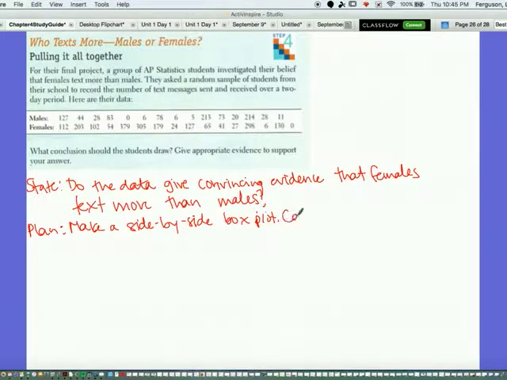And calculate all of those things that we've talked about in this video. So that would be your mean and your standard deviation and your 5-number summary. Remember that your 5-number summary would be your minimum, your Q1, your median, your Q3, and your maximum, and then also calculate your IQR.